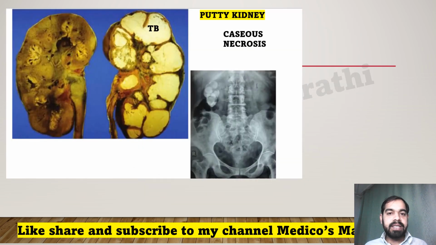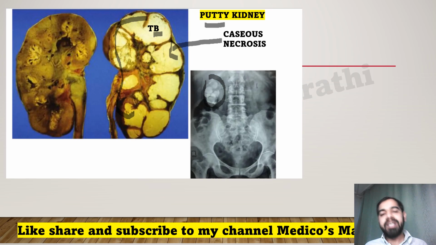And here you can see putty kidney. This structure is putty kidney and it is associated with TB, and it is also representing the condition caseous necrosis, my dear friends. Here in this image you can also note down putty kidney.